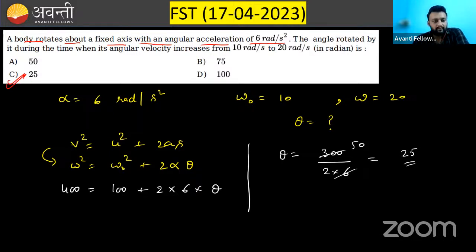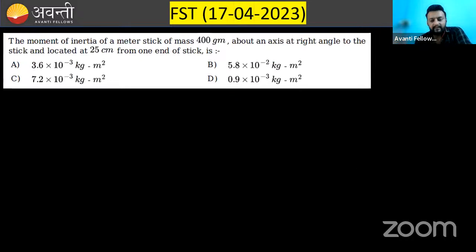I think this point is also clear. Very easy question. Now, there is another question. The moment of inertia of a meter stick of length 1 meter and mass 400 gram, or 0.4 kg.